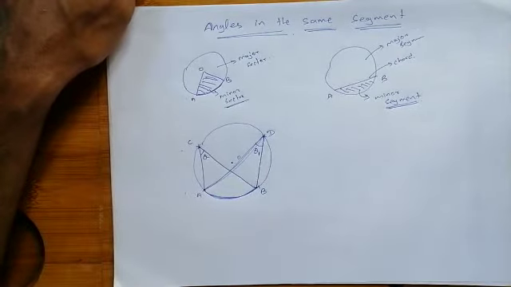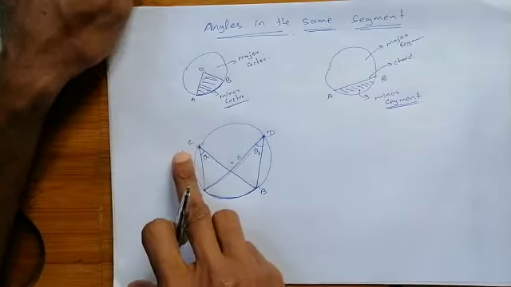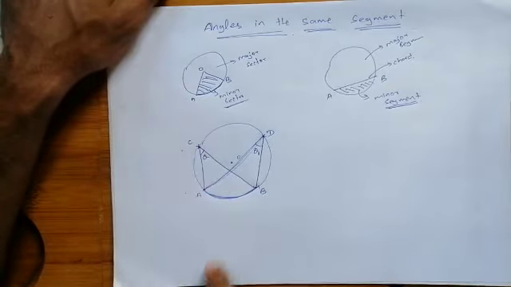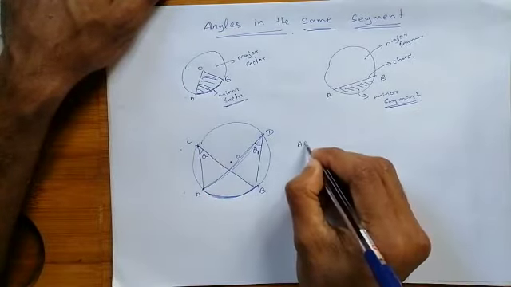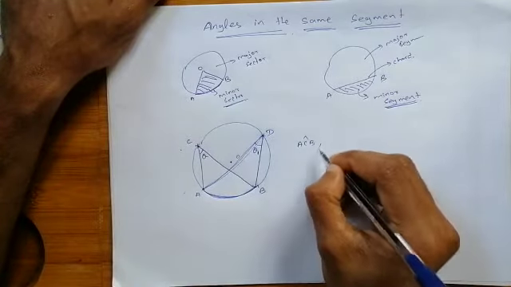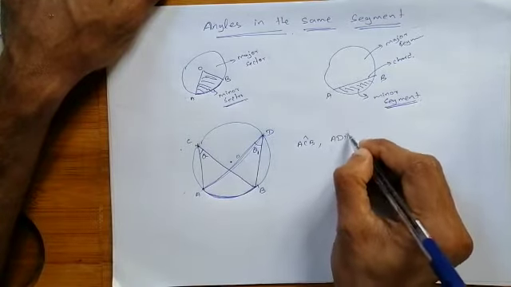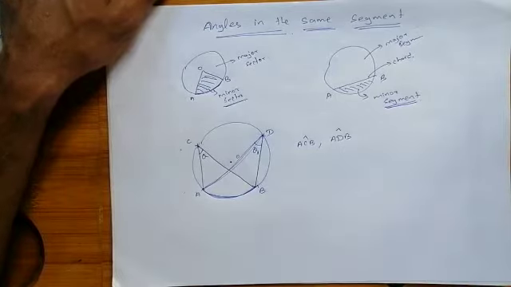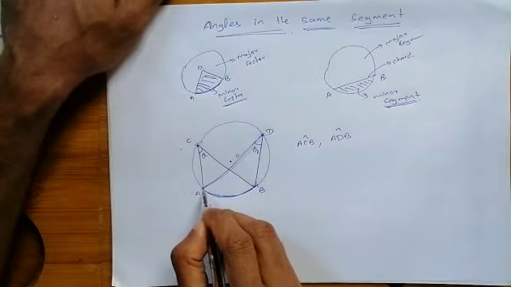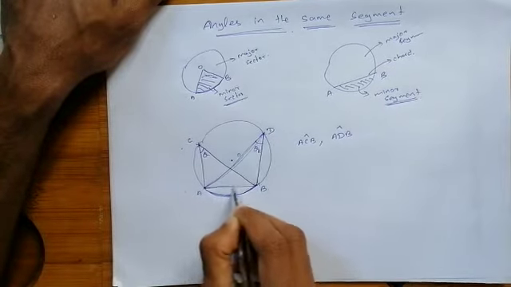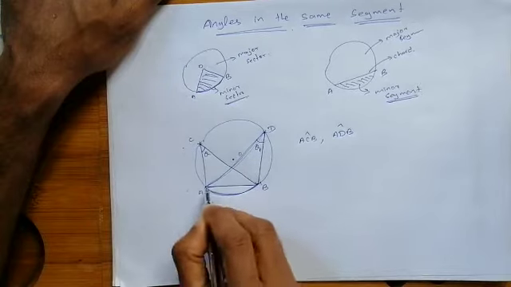How can we describe the position of the angles formed at C and D, the position of angle ACB and angle ADB? Here the center is not connected. For that reason we are going to connect AB.